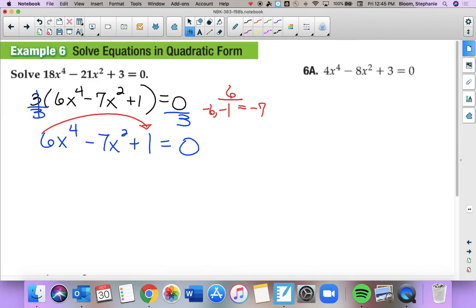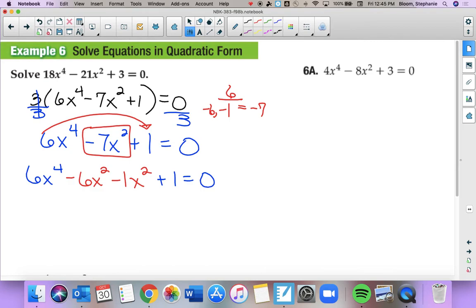No. Okay, so I'm going to rewrite 6x to the 4th. And then remember, I'm replacing, now notice I have different exponents, so you got to pay attention to this. I'm just replacing negative 7x squared with negative 6x squared and negative 1x squared. Okay, so it's just like you've always done. We just have some exponents here instead of just an x. Bring down your plus 1 equals 0.